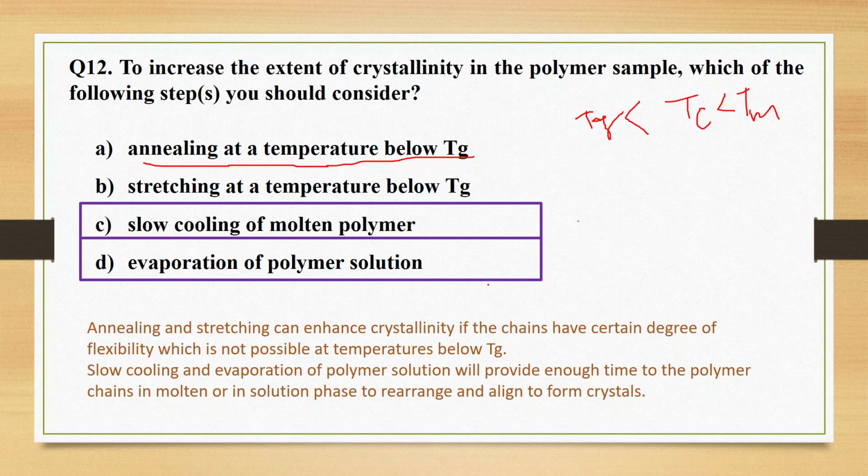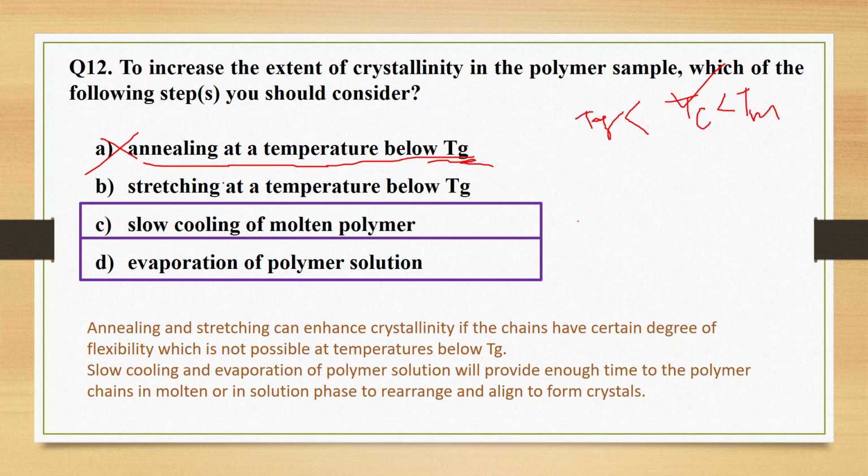You first need to make the entangled polymer molecules somewhat free, somewhat flowy, so that they can flow and some parts can come together and form crystal-like domains. If it is below Tg, how can you get that? You cannot get the flowy motion that is required to crystallize your polymer. So can it be done below Tg? No. Crystallization temperature is always greater than Tg. So the first option is not correct.